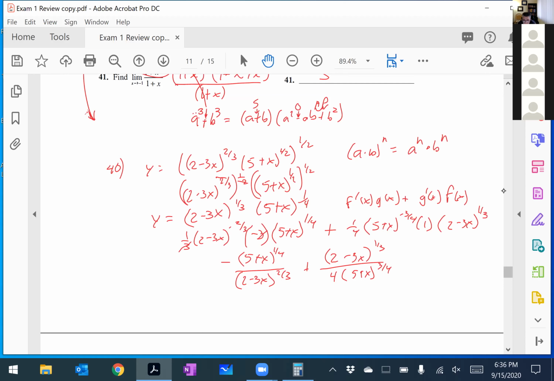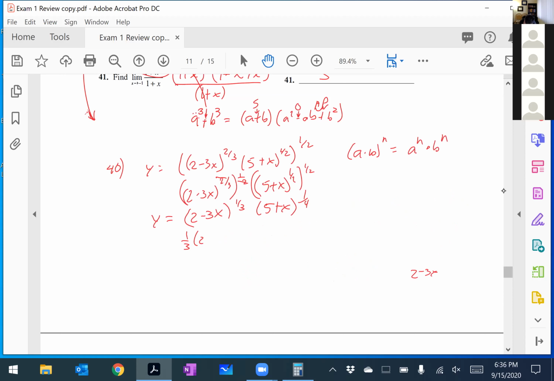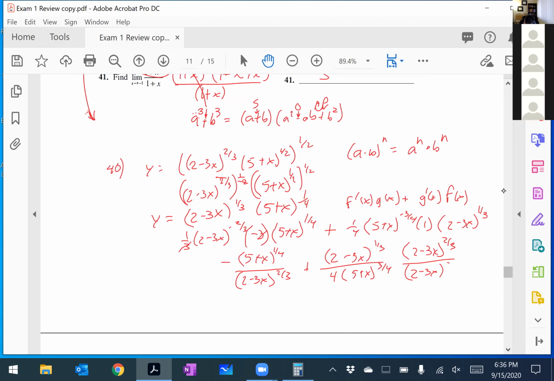Well, I'm going to get a common denominator here real quick. I'm going to multiply both top and bottom here by 2 minus 3x to the 2/3 over 2 minus 3x to the 2/3. And over here, I'm going to multiply both top and bottom by 4 times 5 plus x to the 3/4.